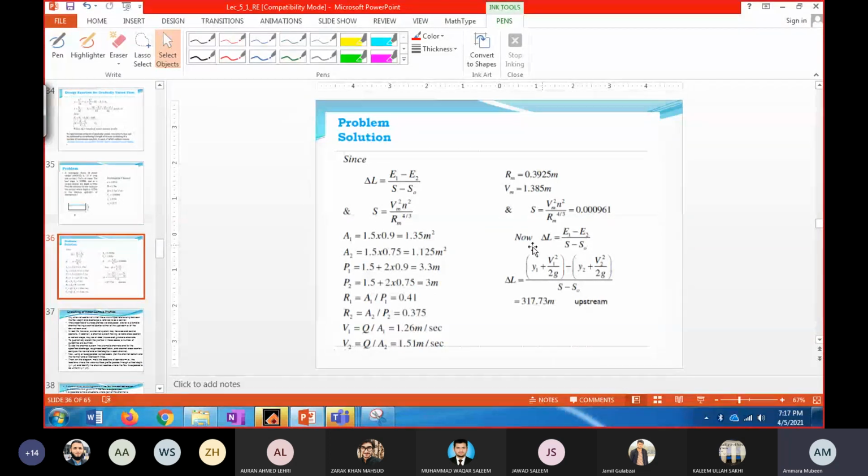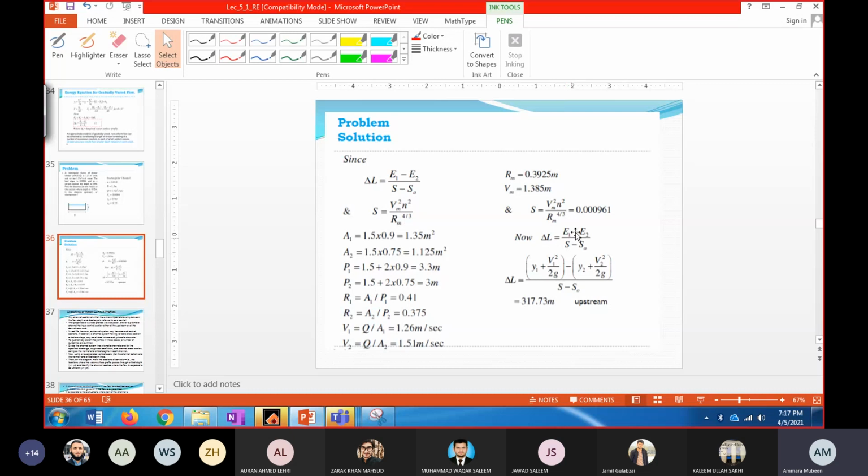It means that the energy at section 1 is greater than the energy at section 2. Section 1 is at the higher depth, 0.9, and section 2 depth is 0.75.